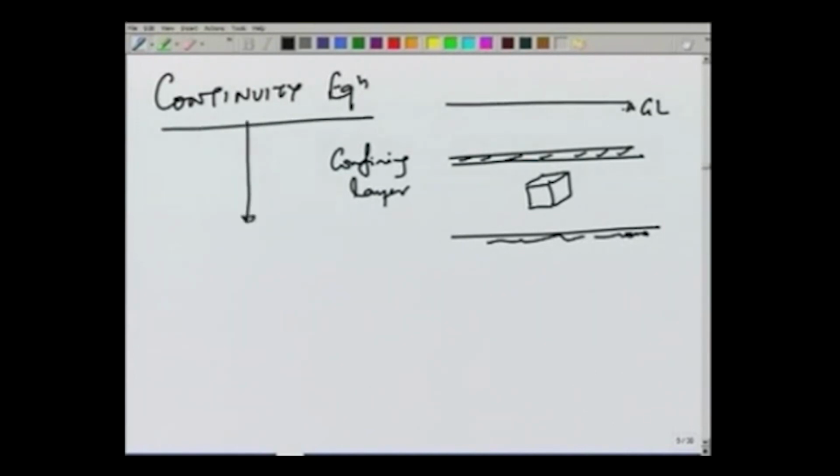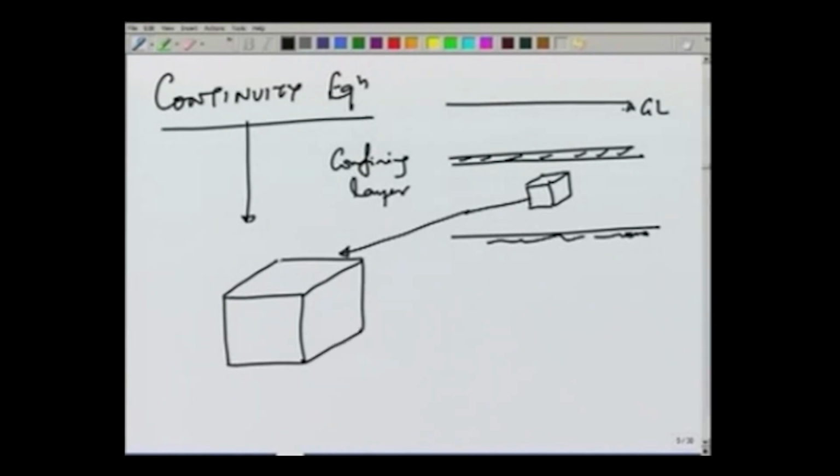So, if we take this element, let us enlarge it. Typically, we will be using the Cartesian coordinate system, but sometimes it is better to use a radial coordinate system.